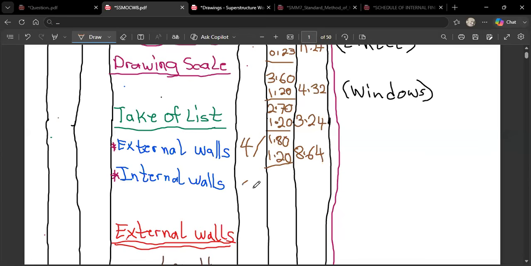We're going to multiply 2 times what? 0.90 times what? 600. So 600 divided by 1000 is 0.60.